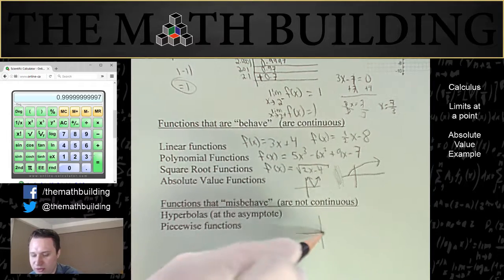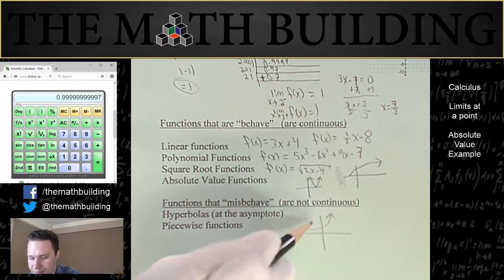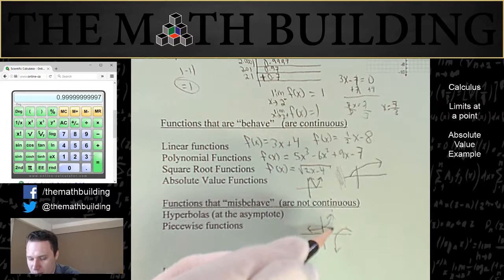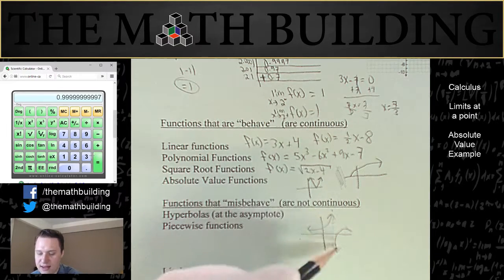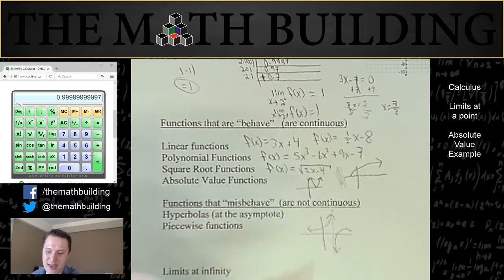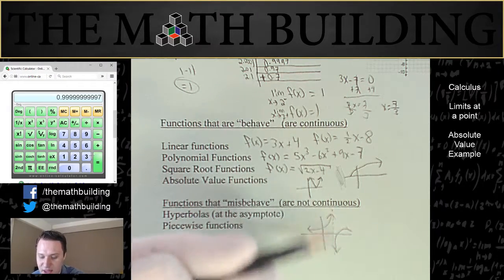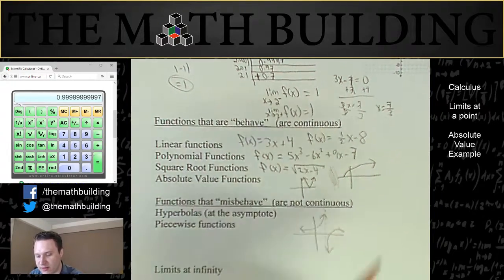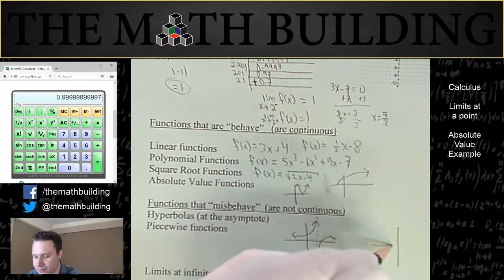Two functions that misbehave, or that are not continuous everywhere, would be hyperbolas, because as we saw in an earlier video, if you have a hyperbola, and if that hyperbola approaches an asymptote, one going to infinity and one going to negative infinity, that's not continuous. That does not have a limit at that point right there. Another example of something that doesn't behave is a piecewise function.